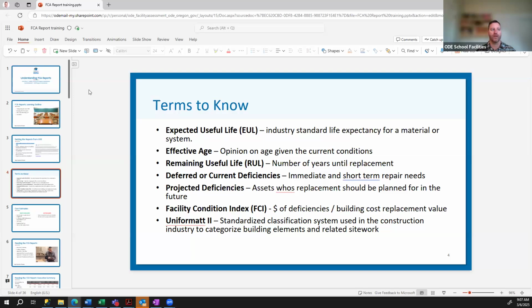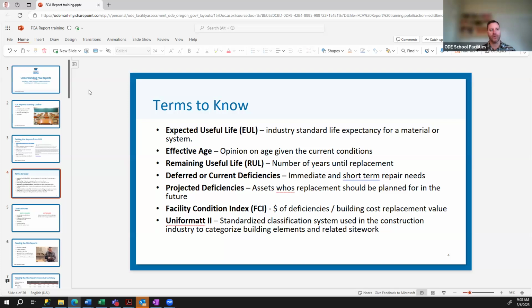However, we know that a lot of you guys are making systems last much farther past their expected useful life or effective age. So we have that level of an opinion because these are engineers and architects out in the field doing these field assessments. So we have that.